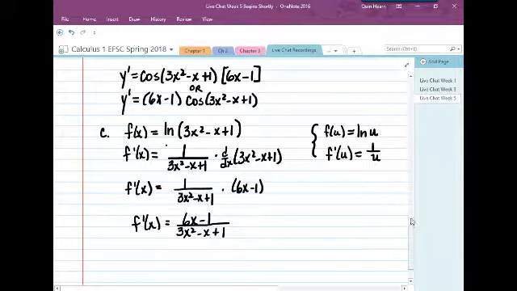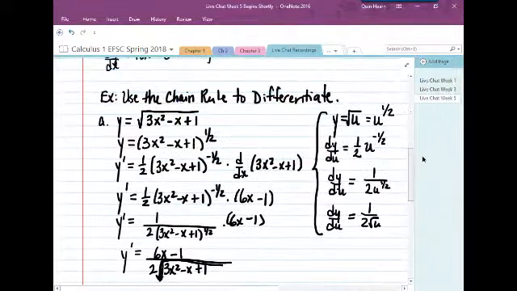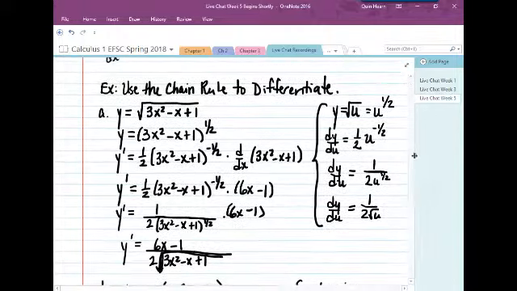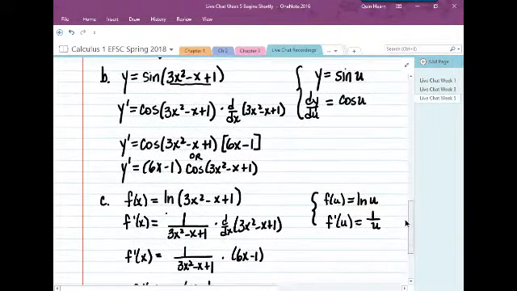All right, so I want to show you a different notation that you will often see with these rules. So let's just do B and C then.